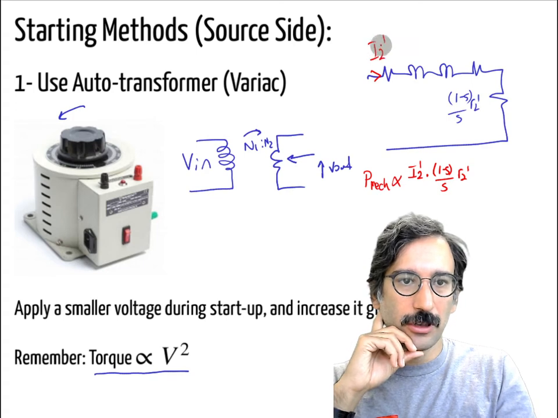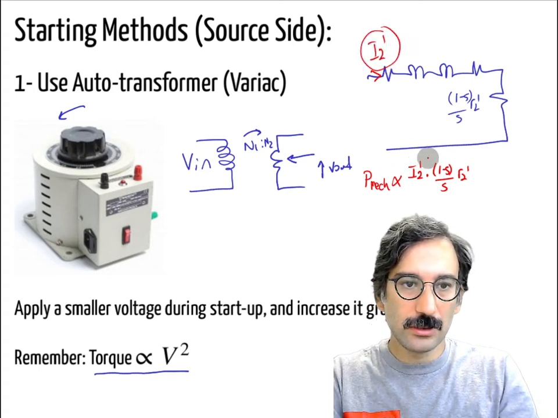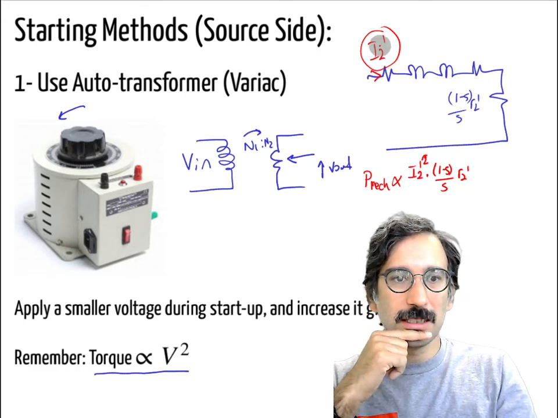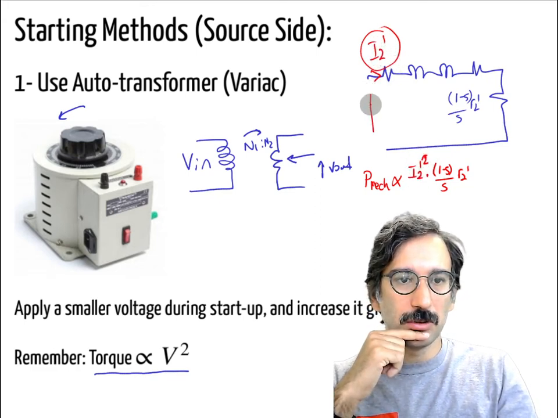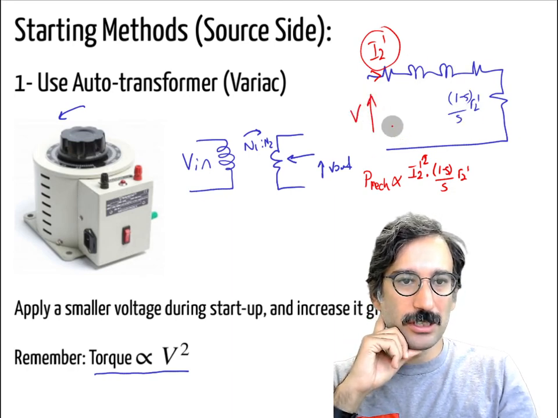So therefore you can see, I want one square. The current magnitude is also proportional to the applied voltage here.